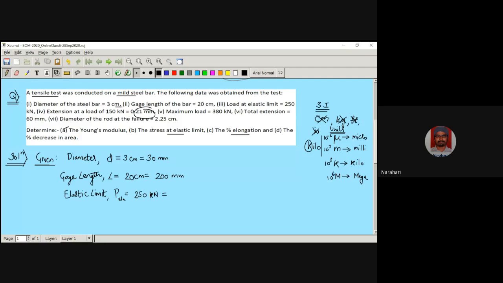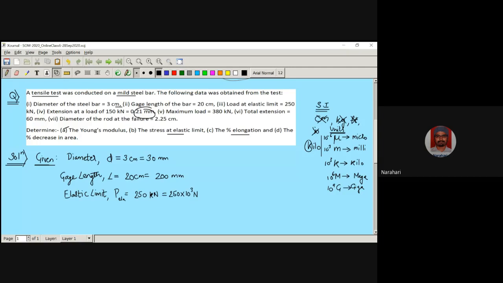Capital G is giga, 10 to the power 9. So it is 250 into 10 to the power 3 newtons. Okay, so this is fine.